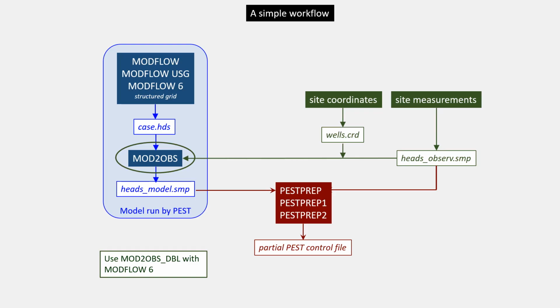So let's have a look at mod2obs in a little more detail and then we'll run it. Mod2obs requires three types of file. It requires firstly a structured grid specification file. A lot of members of the PEST Groundwater Utility Suite read a structured grid specification file.